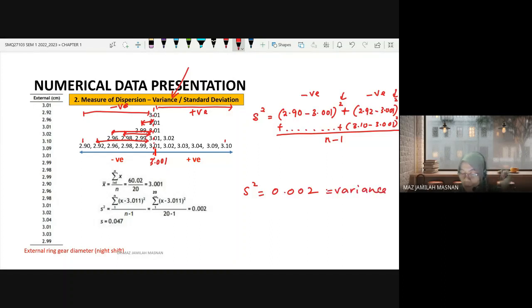And what is your standard deviation? Your standard deviation will be the square root of the variance. So standard deviation and variance are the most important values in statistics. Most of the time, you are talking about variance and standard deviation in your analysis.